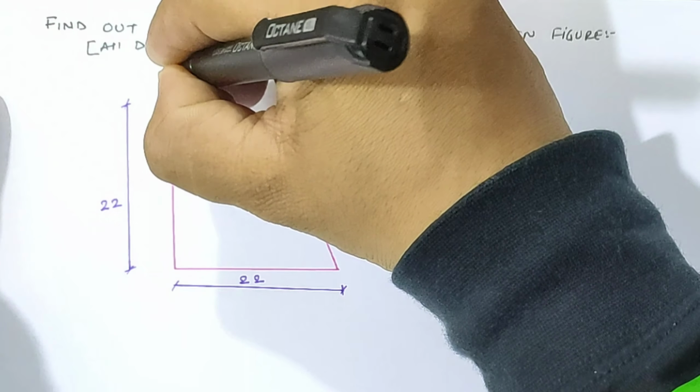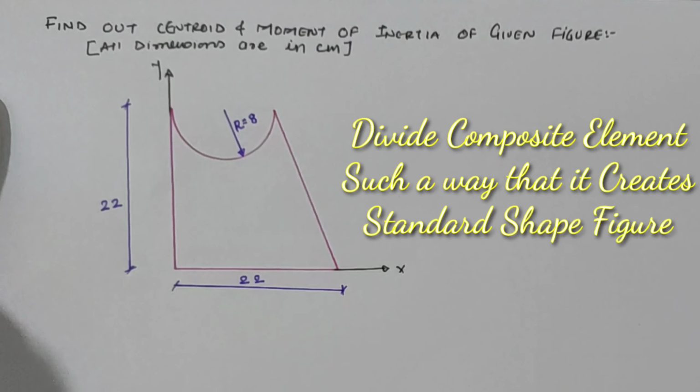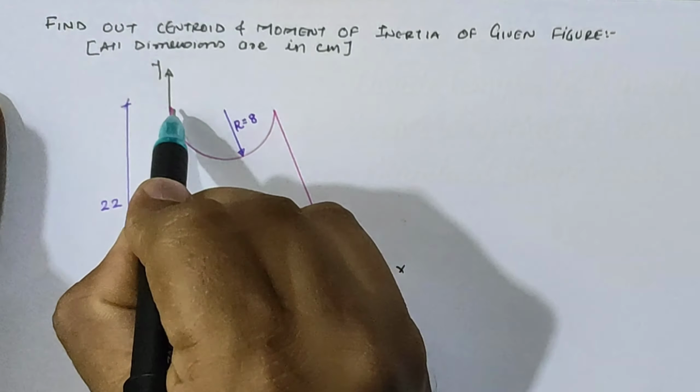Now the second step is to discretize the element into parts of some standard shapes. It means that if we assume the given section such that the width of this rectangular part is 16 mm and the radius is given as 8 mm.